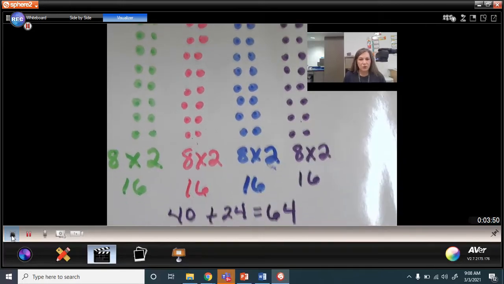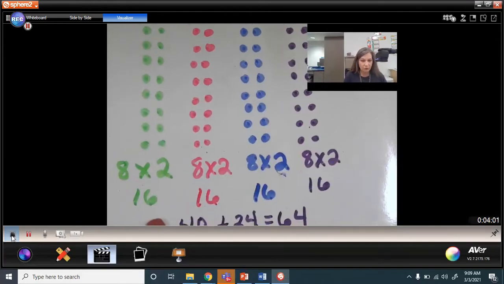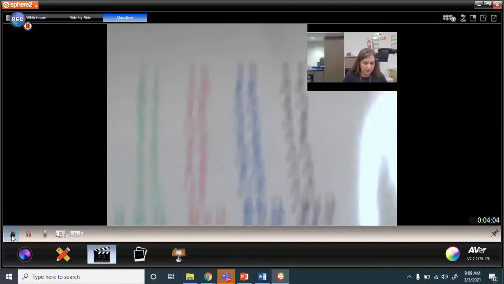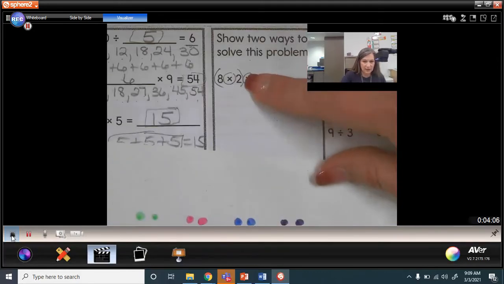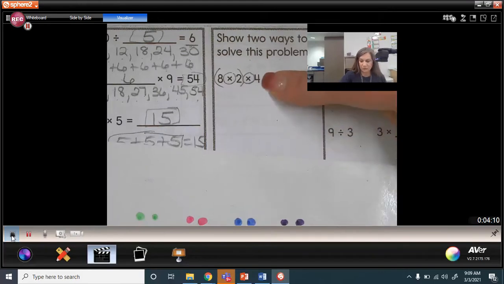Okay? So yeah, instead of just one multiplication symbol, now we have 2 multiplication symbols. So like I said, we have groups of groups together. So 8 times 2, not just this one time to make 16, but we're going to do it 4 times. Okay?